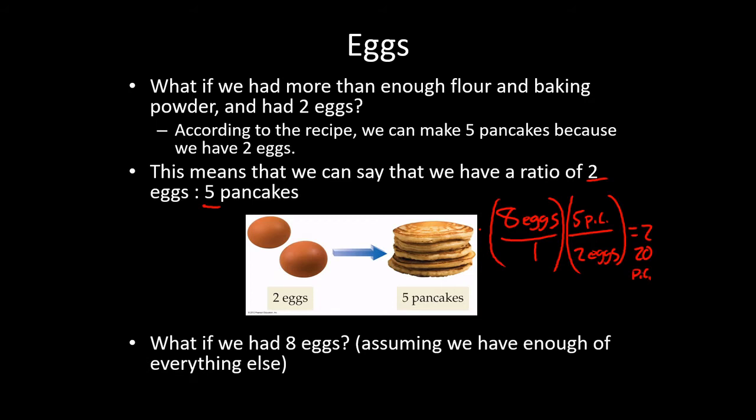Another way of thinking of this is just, we need 2 eggs for every 5 pancakes, and because we have 8 eggs, we can essentially get to those 2 eggs 4 times. But the math doesn't always work out quite so easy, and so I would suggest trying to use these ratios like this, because you don't have to worry about trying to do it in your head.